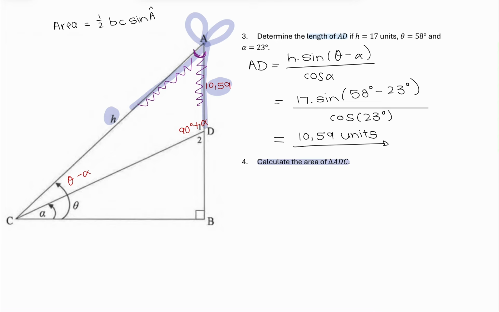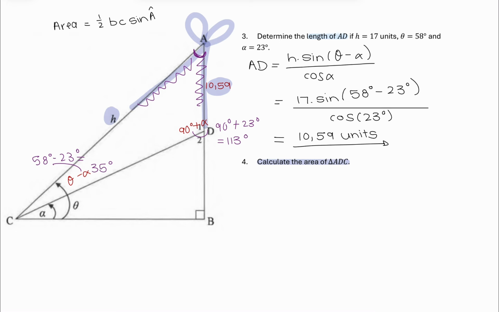If you use the actual values that we got from above, you would now determine that this one would have been 90 degrees plus alpha, which, with alpha being 23 degrees, gives us an angle size of 113 degrees. Here we would determine that our angle size would have been our 58 degrees minus 23, and that gives us 35 degrees.